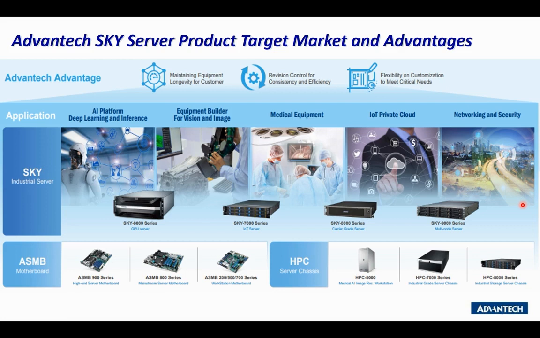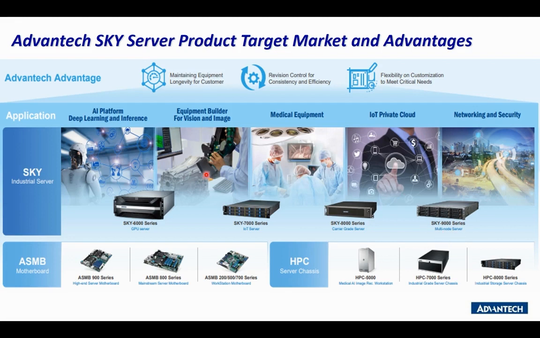Furthermore, we also provide SKY Server as the PC server for our customers. Basically, in Advantech, we have four main types of server computers: the SKY 6000 series, SKY 7000 series, SKY 8000 series, and lastly the SKY 9000 series.